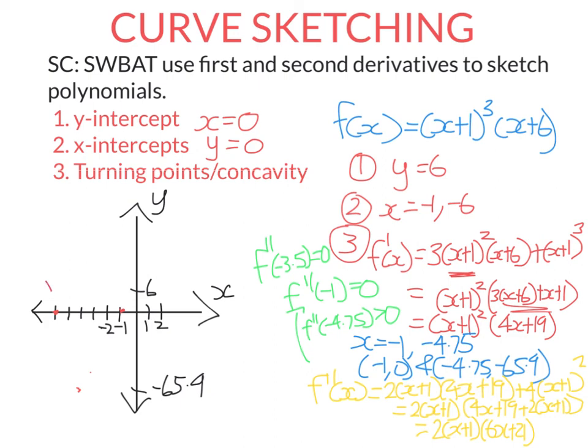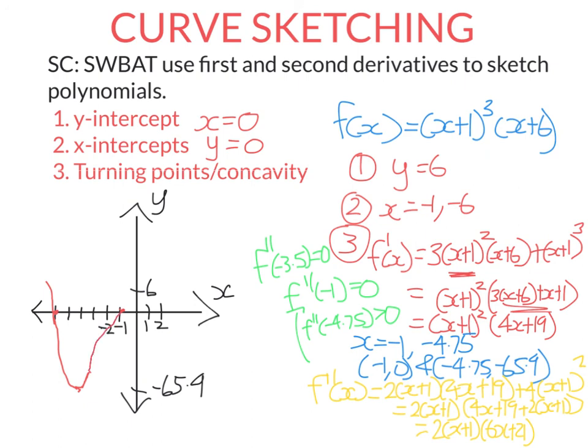So what will happen, it will come through the x-intercept there down towards its minimum turning point, stop and turn around. And see now it's concave up. At this non-stationary inflection point, it will now change to being concave down, so it'll look more like a frowny face.